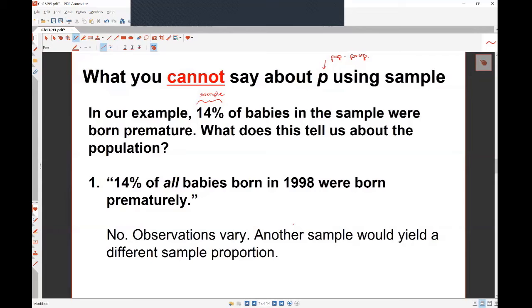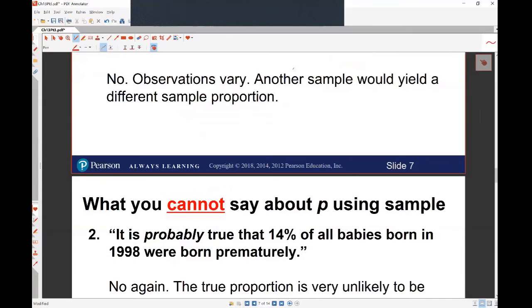No, samples vary. If someone else were to go and sample a different 100 births, they would find another number different from 14%. So the sample value is never going to be equal to the population value exactly. Anytime you take a different sample, you are going to get a slightly different number. So we can't just take the sample proportion and say that is exactly equal to the population proportion.